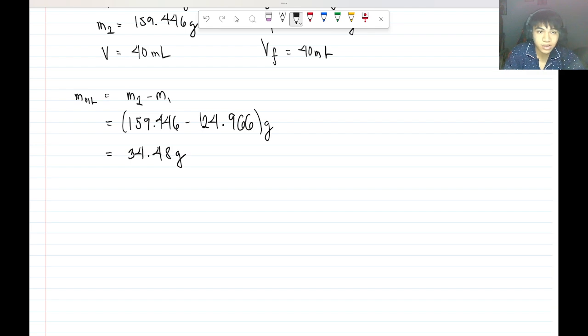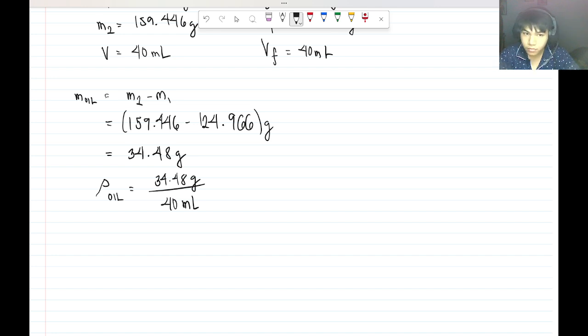Since this is, I believe, constant for this one, we leave it as it is and solve for it. So the density of the oil will be equal to the mass, 34.48 grams over 40 milliliters.